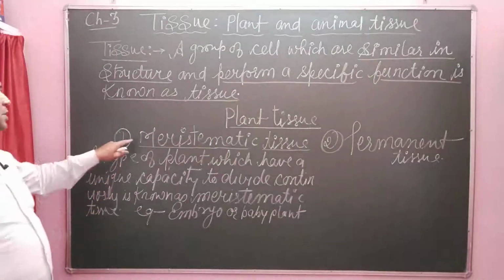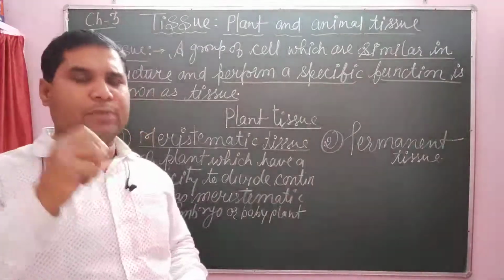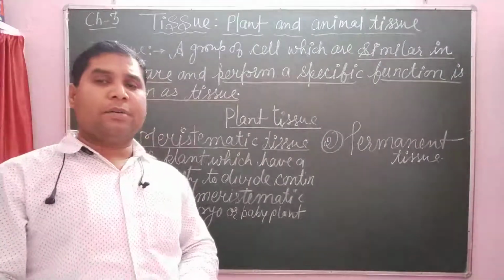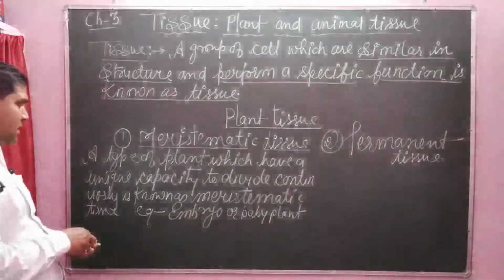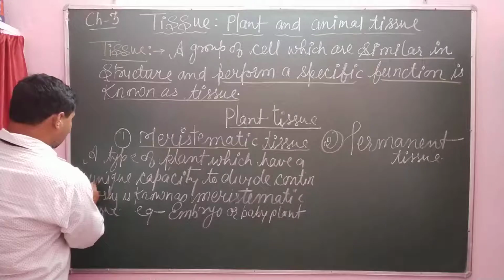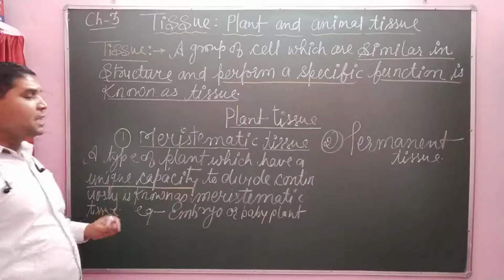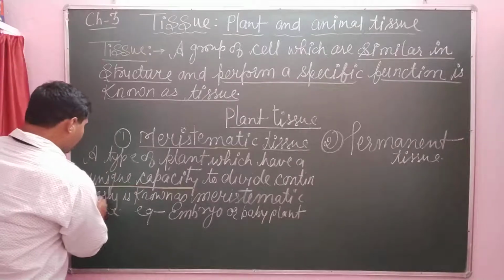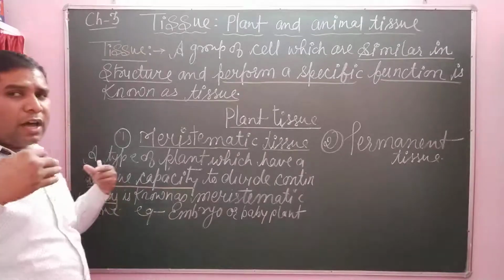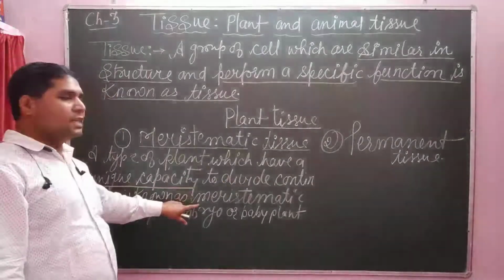So dear student, what do you mean by the meristematic tissue? A type of the plant tissue which have a unique capacity to divide continuously throughout the life, known as a meristematic tissue.